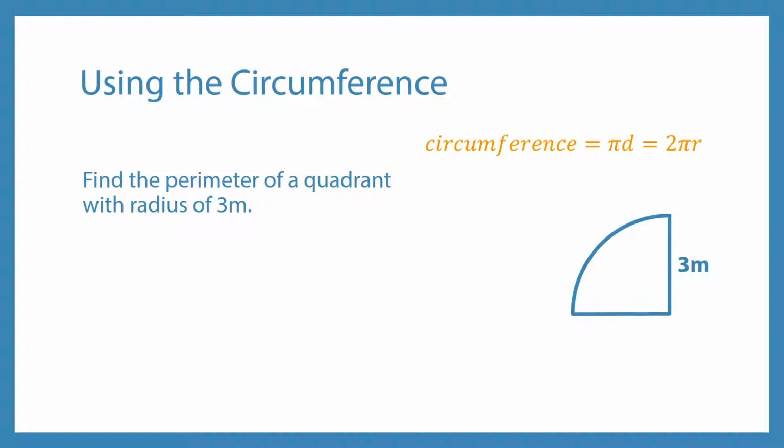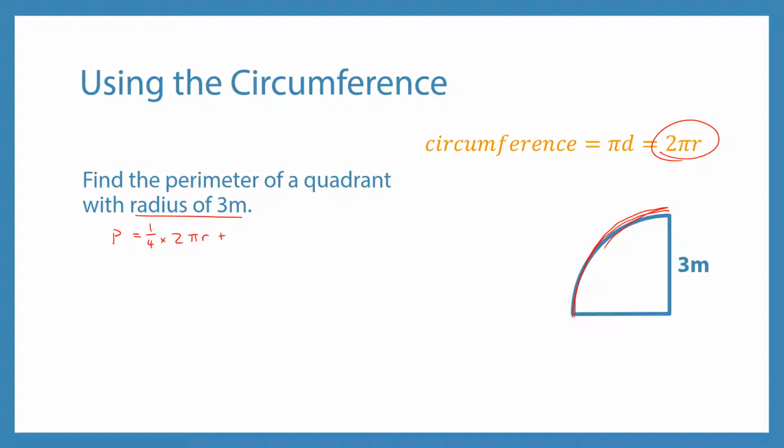Okay, so we're finding the perimeter and we have a radius of 3, so we're going to use this equation somewhere in there. Now we want the arc length, so we go around the whole perimeter. Arc length is first, so we need 2 pi r, but remember we have a quadrant, so we're going to do a quarter of that.